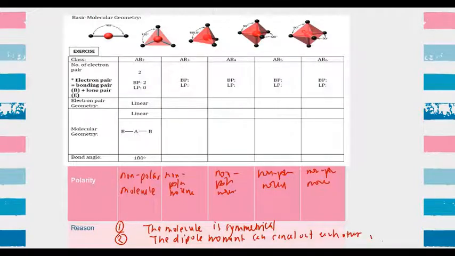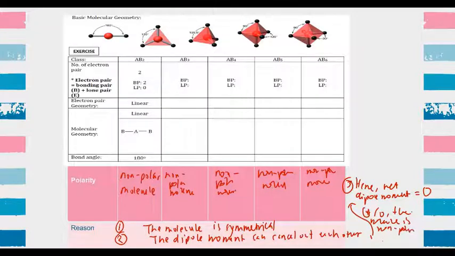Okay, molecule tu symmetrical, dipole moment can cancel out each other. Hence, net dipole moment is equal to 0. Therefore, so the molecule is non-polar. Selalunya kita akan letak 4 poin ini untuk penjelasan bagi polarity.